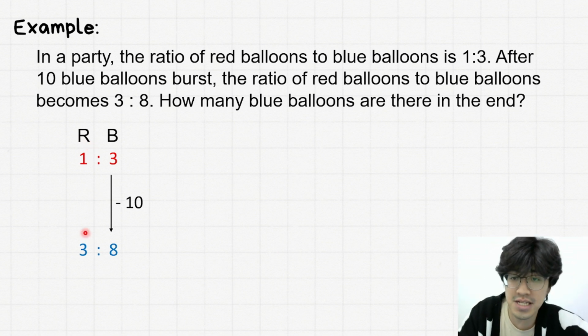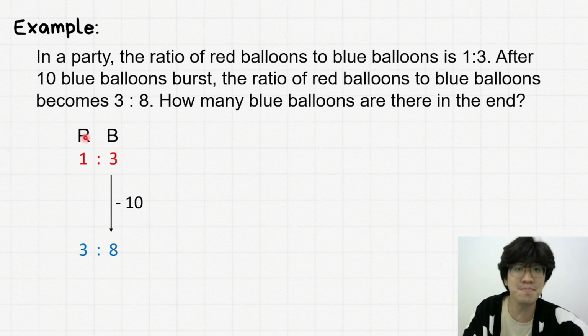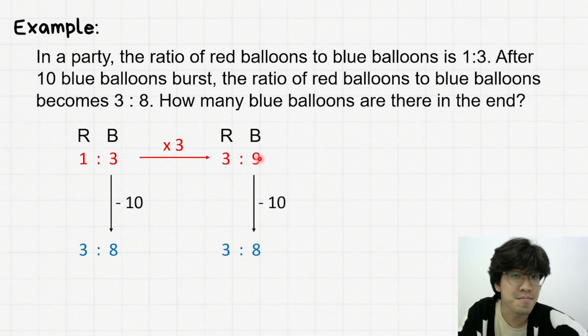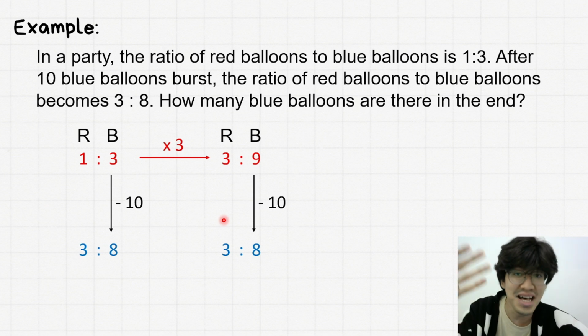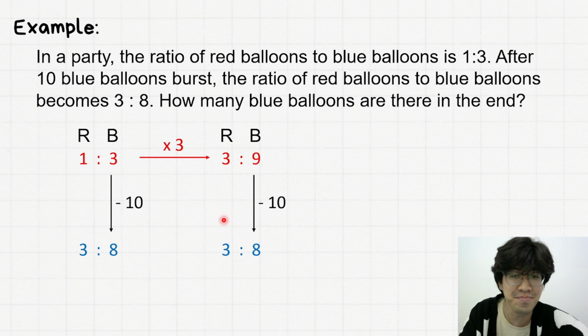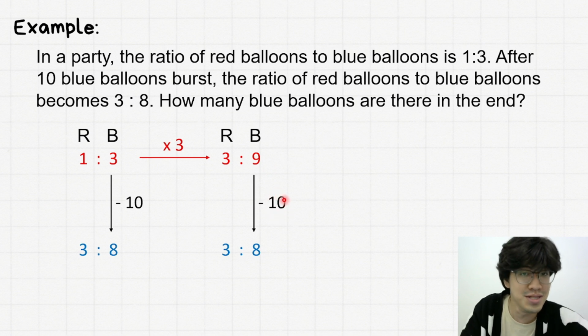So we try to fix this ratio by making them the same. The easiest way is to multiply the first ratio by 3 so that I get 3 and 9. Now the number of units for red balloons are equal, meaning the units are consistent. Then this difference of 1 unit corresponds to exactly 10 balloons.